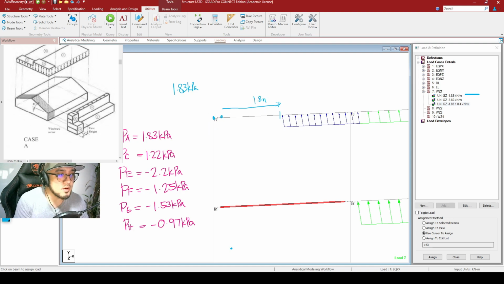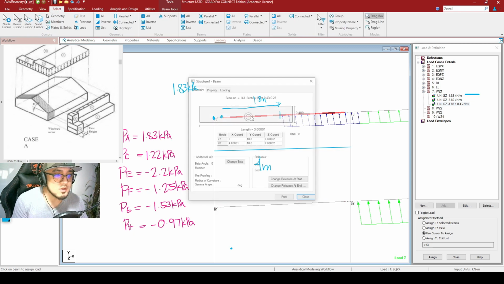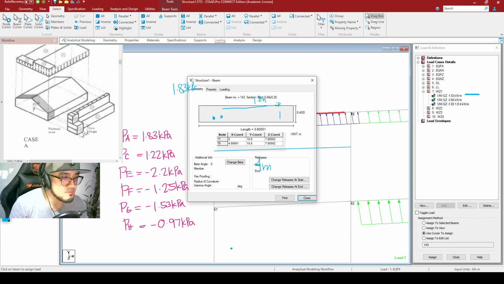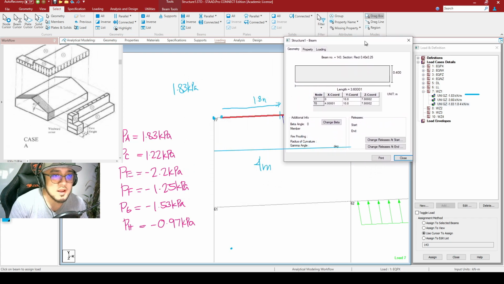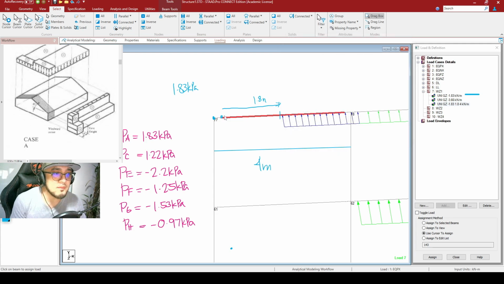But if you can remember, the node to node distance here is 4 meters. So from that itself, we already have an error. If we are to click on this portion right here, the beam cursor, and double click here, it is said here that the length is now equal to 3.6, because if you can remember once again, we have applied a 0.2 offset here.